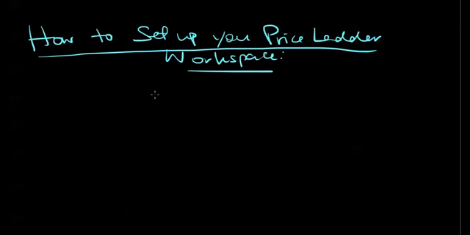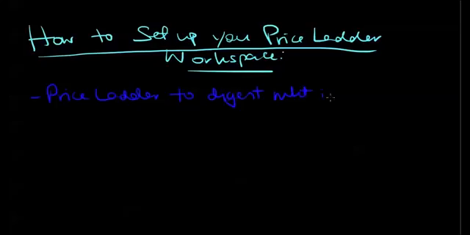So, the first aspect that I want to talk about is what do we use a price ladder for? The price ladder is a way to read what the market is currently doing, how the market is currently interacting with each other. So we use the price ladder to digest market interactions.